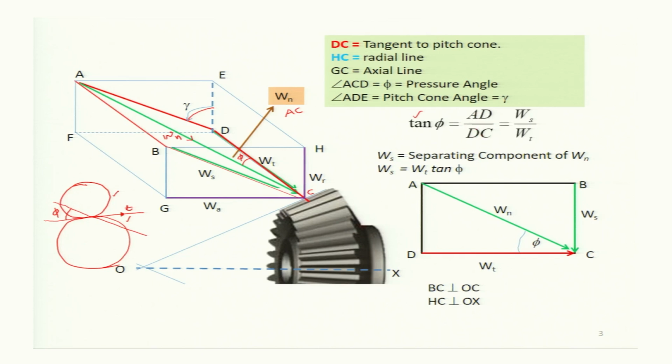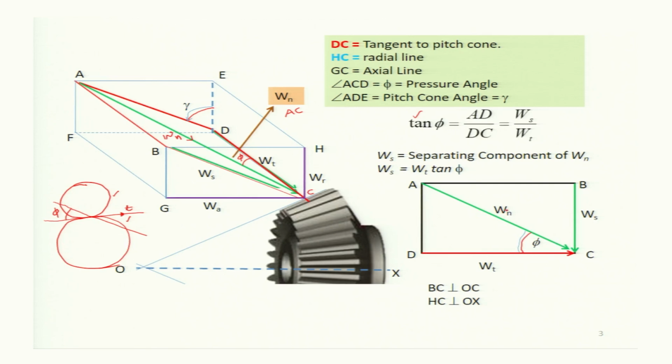Now, what we will do is, we will take the components of this Wn in the directions which are useful to us, that is the tangential direction or some other directions. So, in the rectangle ABCD, which is shown here, along A to C the Wn is acting and the angle ACD is phi.